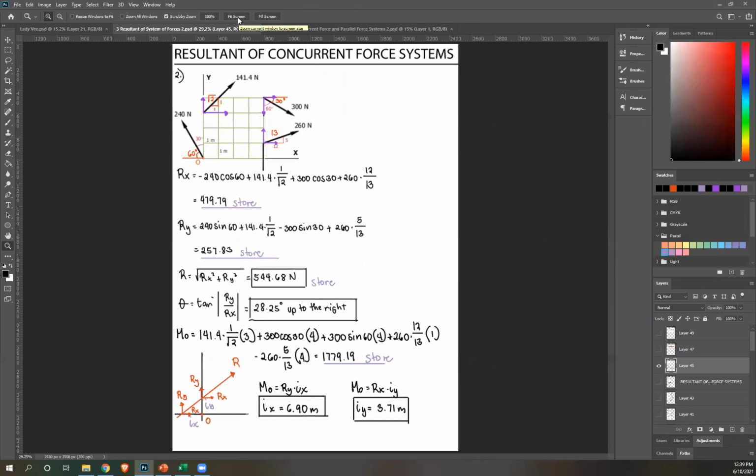Now, if you want to take this perpendicular distance, you may do so by just MO equals RD. R is 544, MO is 1779. You'll get this distance D, if that is what we're looking for. So that's number 2.